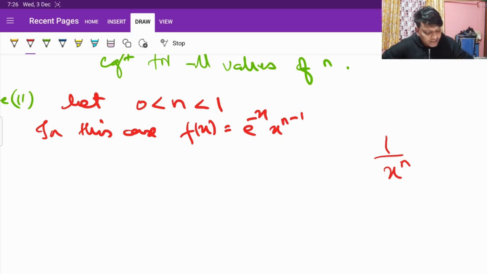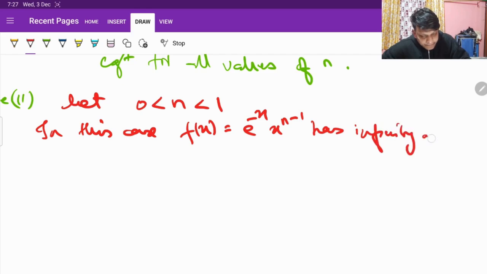If I take x tends to 0, we get 1 by 0, that is infinity. So we have a discontinuity at the point x equals 0. The function is not defined at that point, so it has infinity at x equals 0.